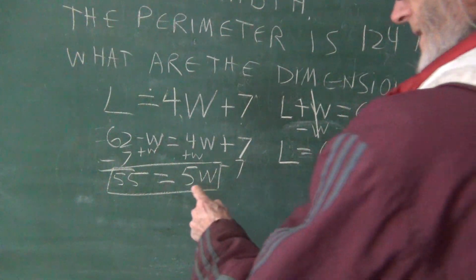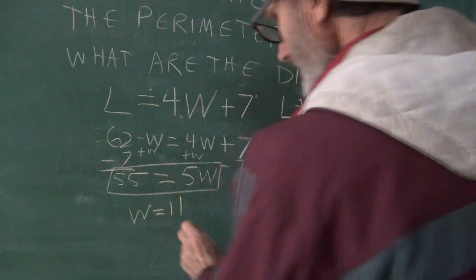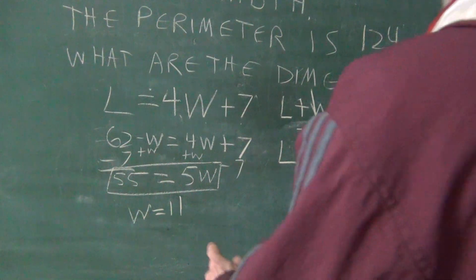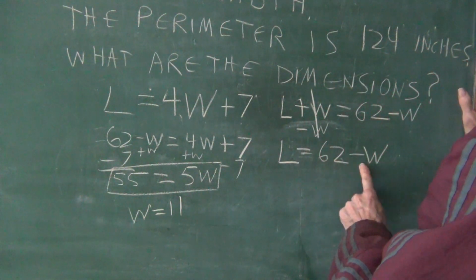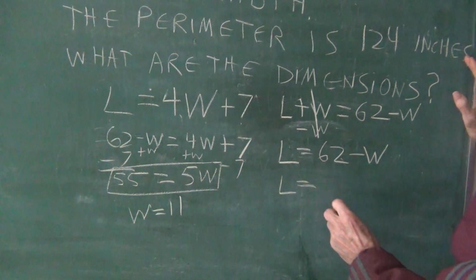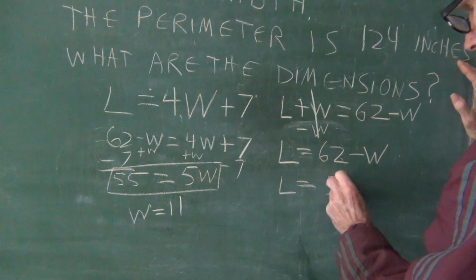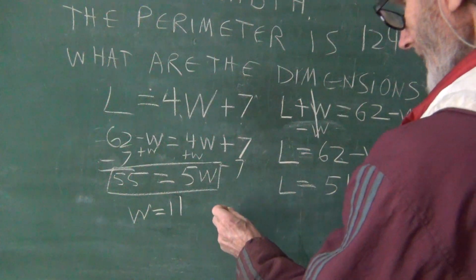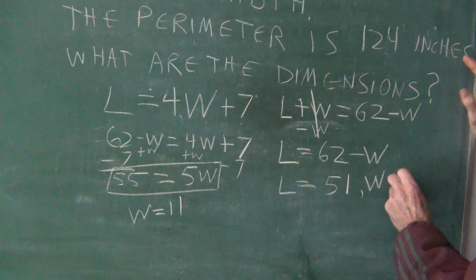Divide both sides by 5, and we have W equals 11. Okay, well, if W equals 11, and L equals 62 minus 11, then L will equal 51. So those are the numbers. That's the answer. Length equals 51, width equals 11.